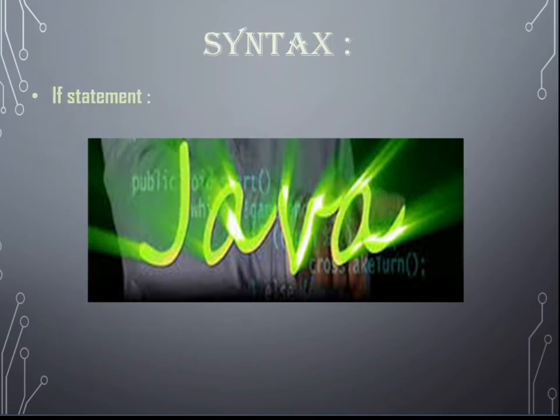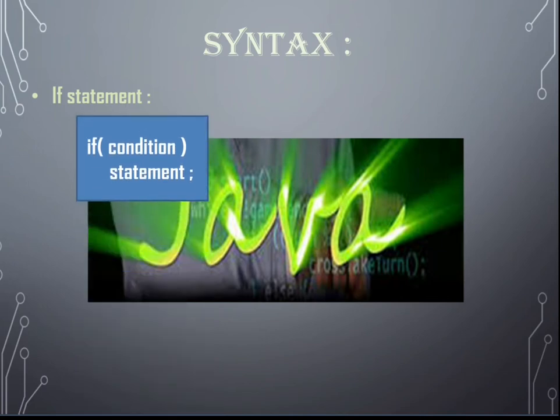Now see, we have the syntax of the if statement in front of us. If, then the condition. The condition should be inside brackets. The condition may be true or may be false, but the statement executes when the condition is true.